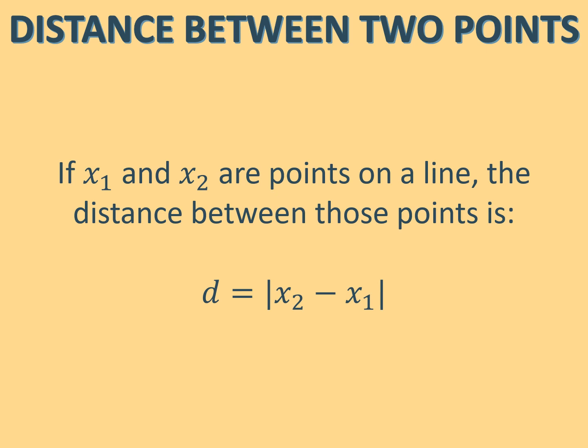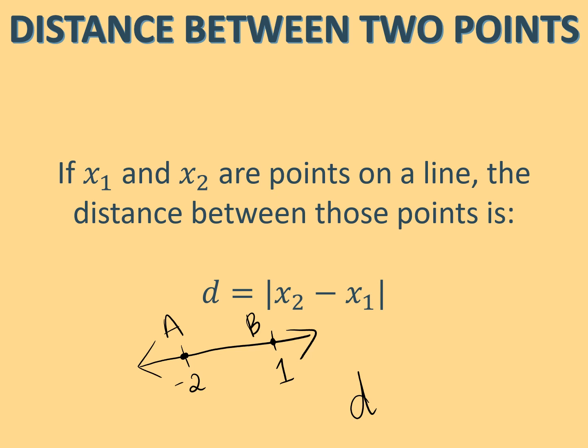For example, if you have a line, let's mark -2 and 1. This is A and B. So let's find the distance between those points.